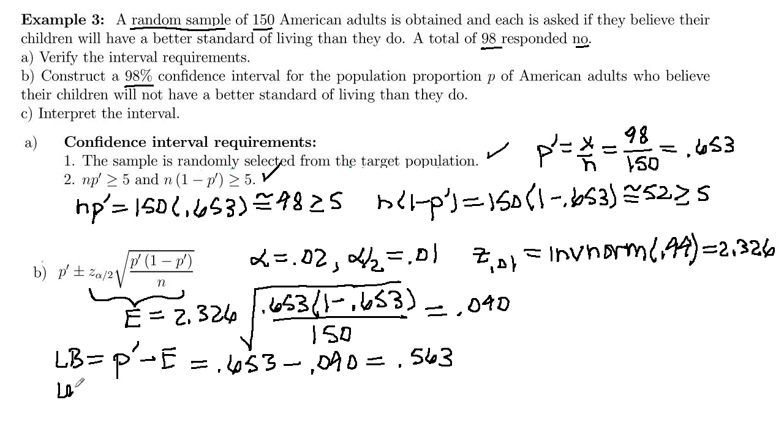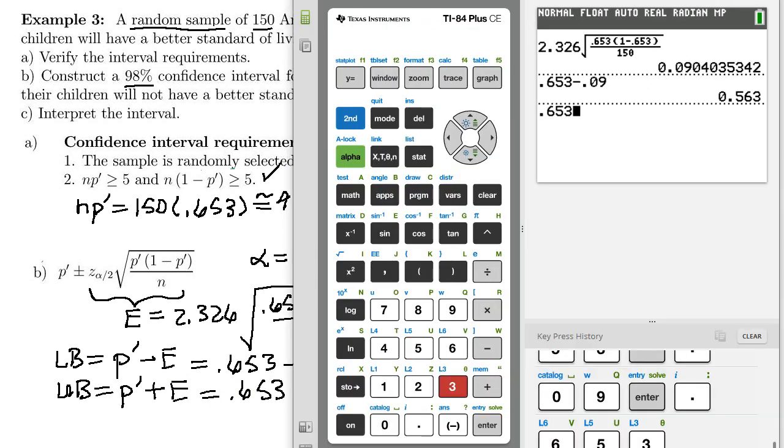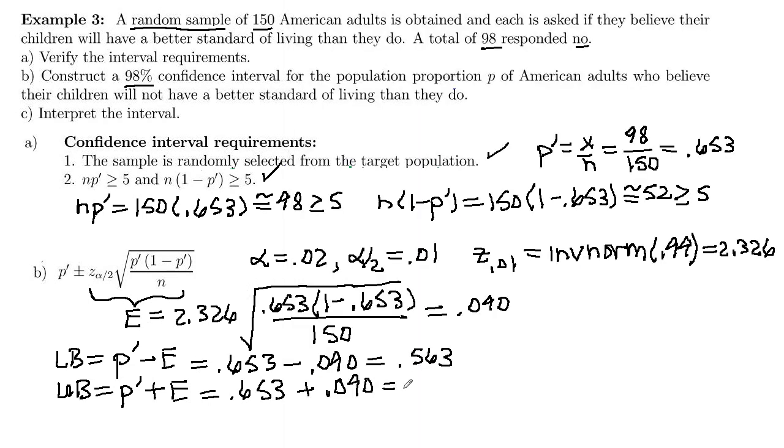And then the upper bound for our interval is p prime plus the margin of error. So that's going to be 0.653 plus 0.09. So 0.743.